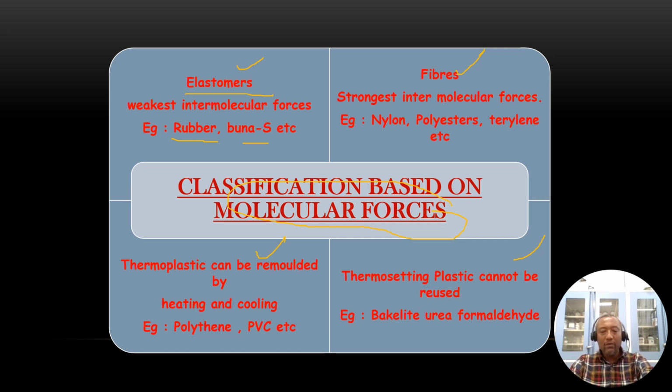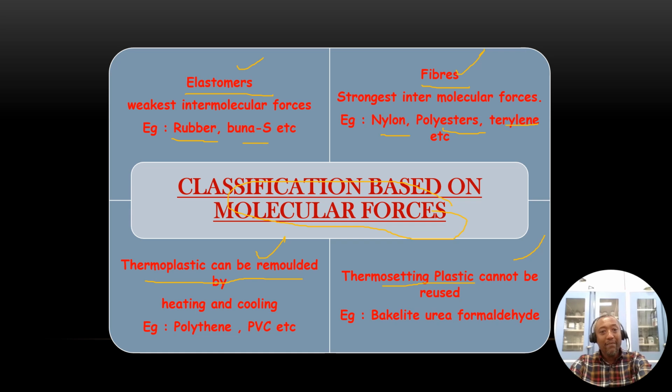What about the next classification, fibers? Fibers are those polymers having strong intermolecular forces. Examples of fibers with strong intermolecular forces include nylon, polyester, and terylene. Next, we have thermoplastic and thermosetting.